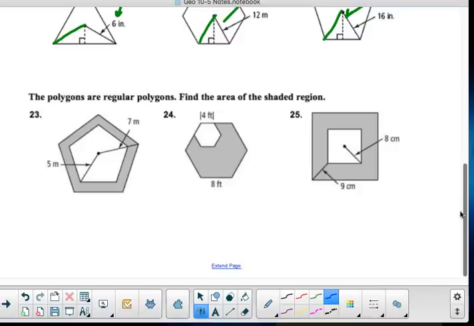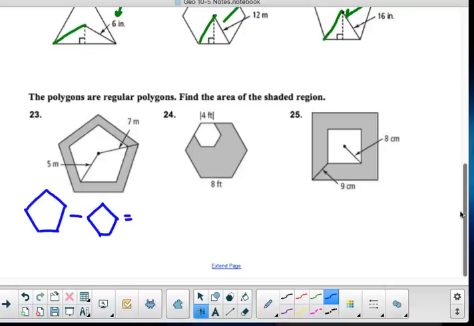But what I want you to know is that you're going to have a big pentagon minus a little pentagon to find the donut shape of the pentagon.